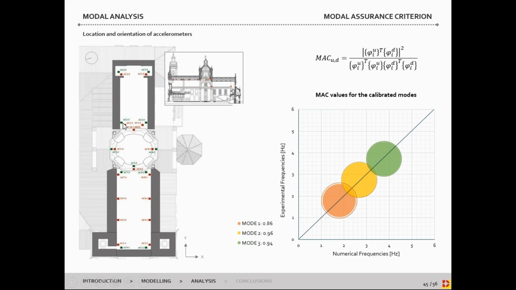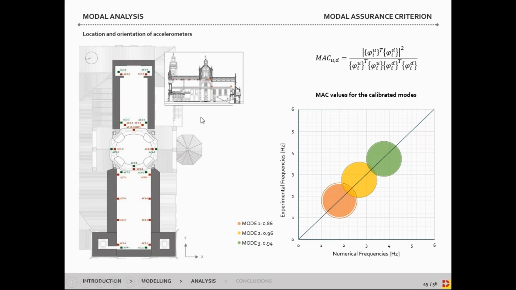In this case we have to check. We have as an input the eigenvectors given by the accelerometers with the corresponding directions, and we want to have equivalent results for our nodes that represent the position of those accelerometers.